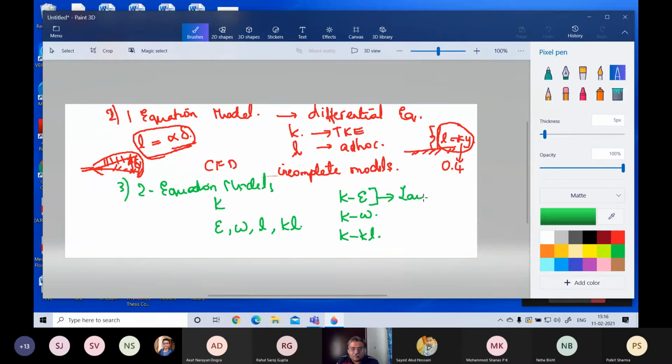The K omega model was developed by Kolmogorov. The KKL model was developed by Mellor and Yamada, so the Mellor-Yamada scheme. This KKL model is mainly applied in oceanography and atmospheric science.